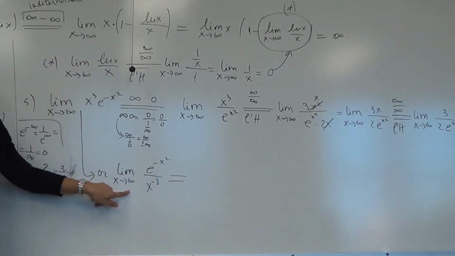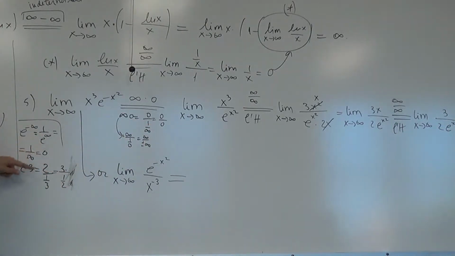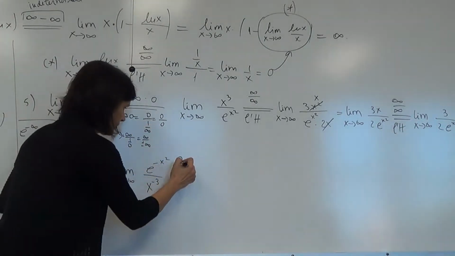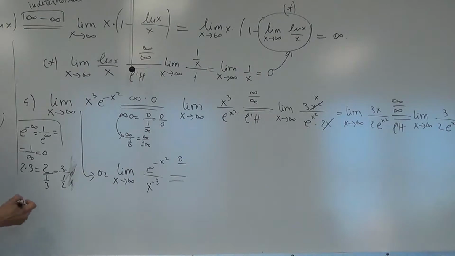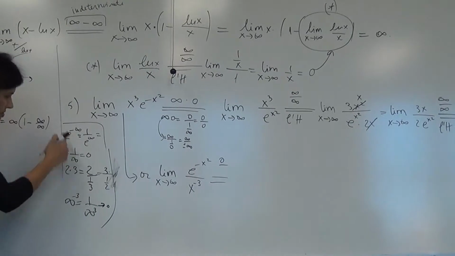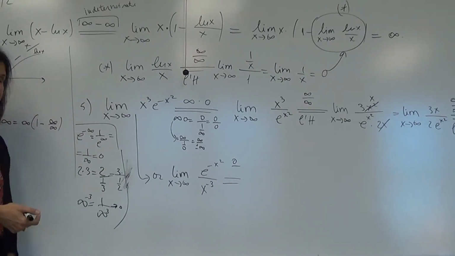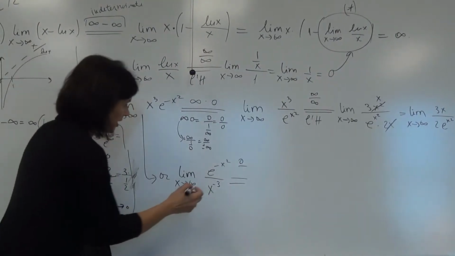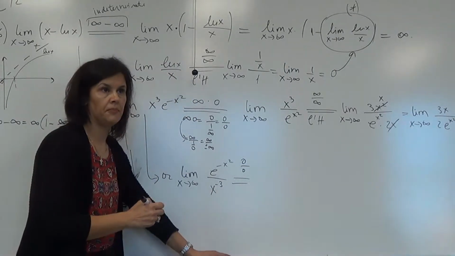When x goes to infinity, you have e to negative infinity, which is 0, over infinity to negative 3. Infinity to negative 3, you change it to a positive exponent. Infinity cube is infinity. 1 over infinity is 0. So this will be 0. Again, everything here is symbolically, or in the limit sense, null. So 0 over 0, L'Hopital.